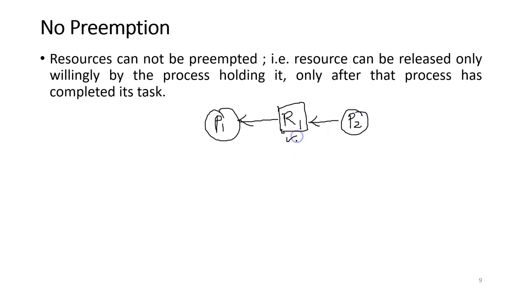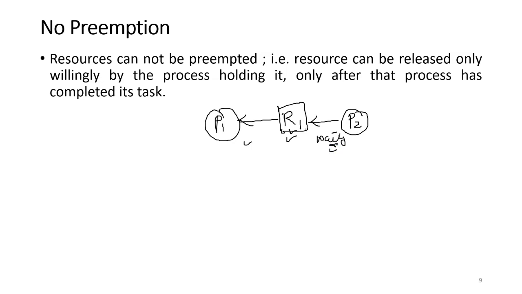So this R1 will be released voluntarily by process P1, or after completion of process P1. Till then process P1 will hold this resource R1, and meanwhile this resource R1 is requested by another process, that is P2. In that case, this P2 will be in a waiting state for indefinite time.